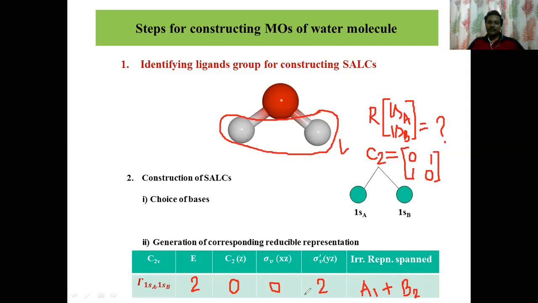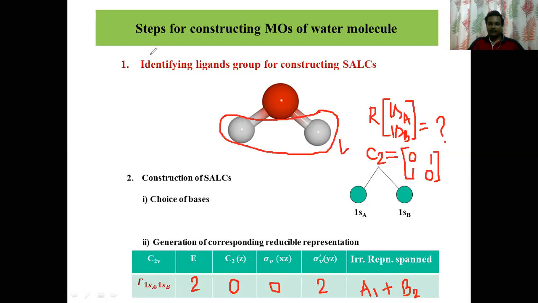Okay, so what does that mean? This means that if I take the atomic orbital basis of 1s A, 1s B, and I want to form their linear combinations, I'll be getting two SALCs, right? Because they are going to be symmetry adapted. One of them is going to be A1, and one of them is going to be B2, right?